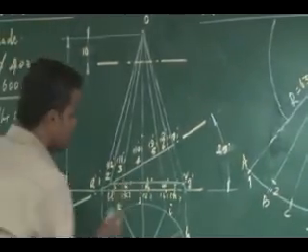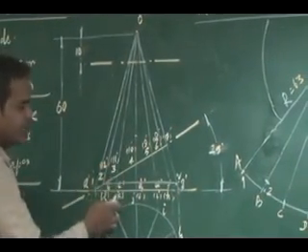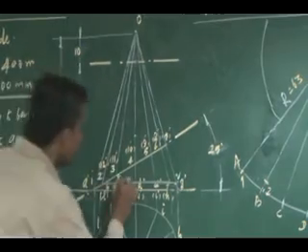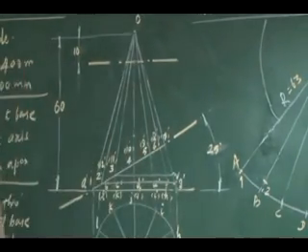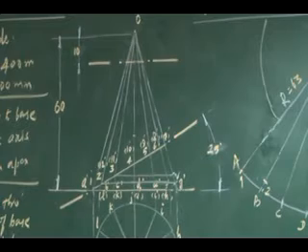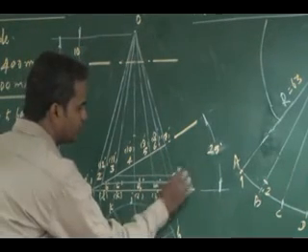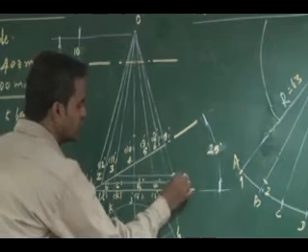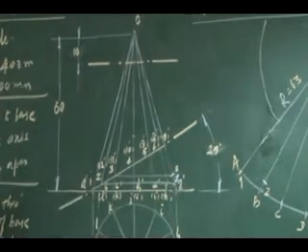Similarly, cutting points 3 and 11. Cutting point 3 falls on C, and 11 falls on K. You project this to the extreme generator, which is showing the true length of the generator. This will give me cutting points 3 and 11.